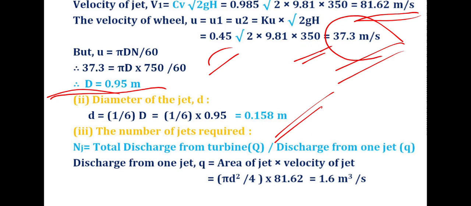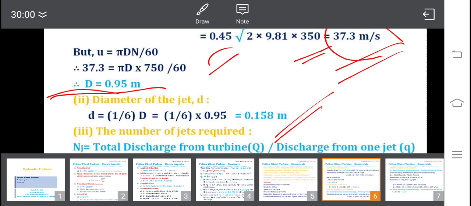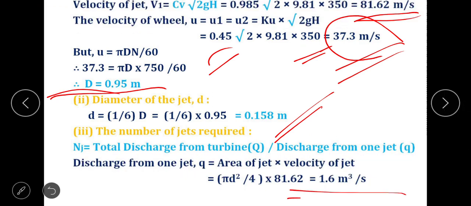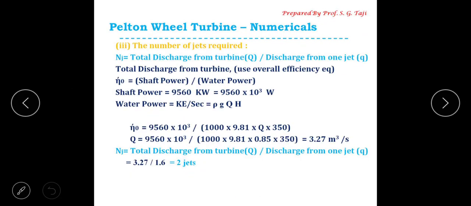Pi d squared by 4 multiplied by velocity of jet, which in the above step we have calculated as 81.62 meters per second. Pi d squared, d is just now calculated 0.158. Substitute the value, you will get q is equal to 1.6 meter cube per second. Let us continue on this slide.